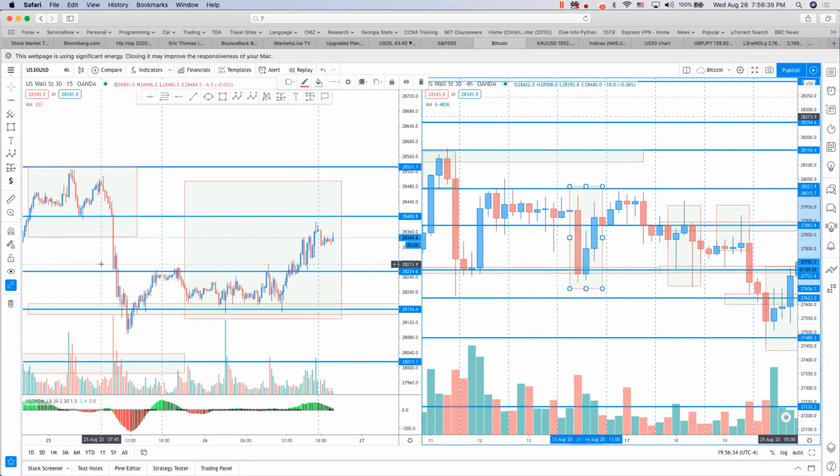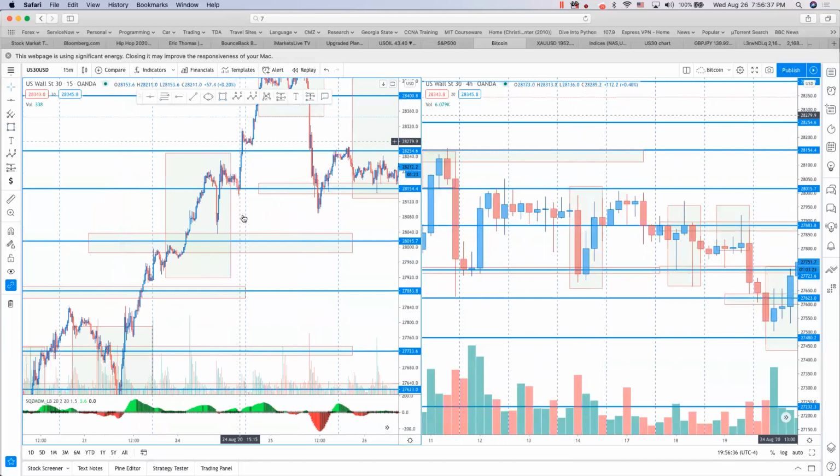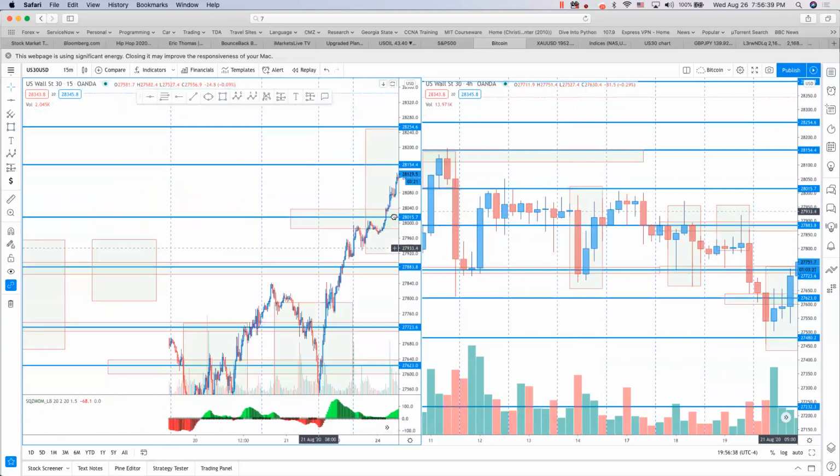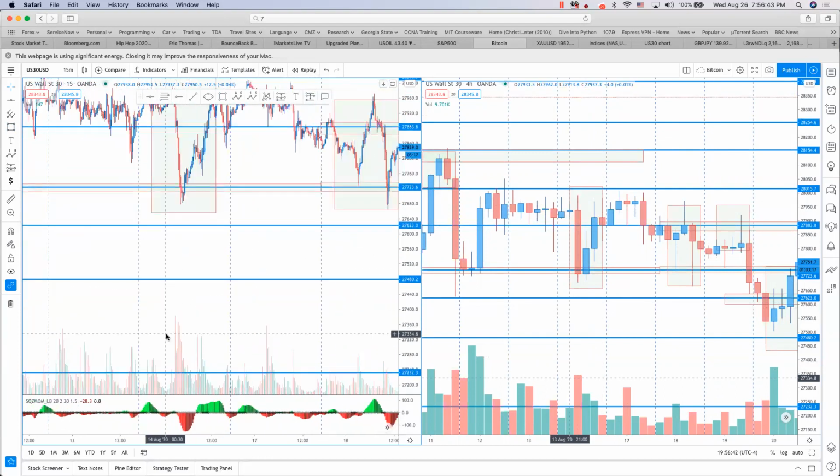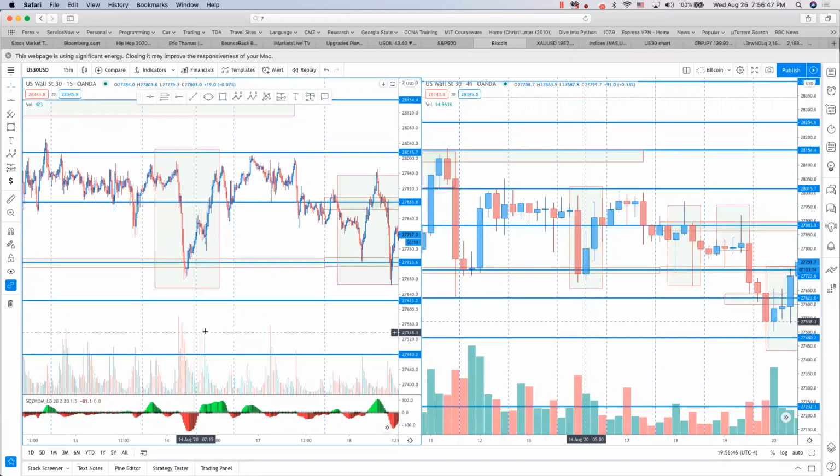But going to the same time on the 15-minute, this is the 14th. Yep, right here. Same time, right? London pushed us down from here to here. This area between is the 6 o'clock candle.